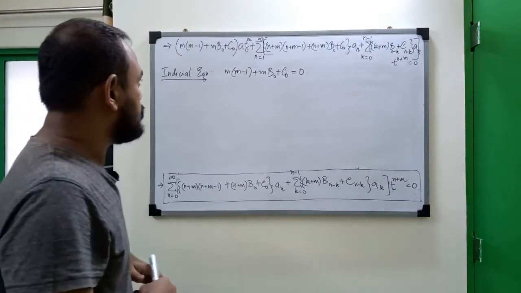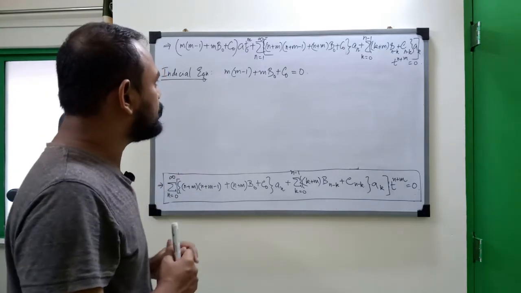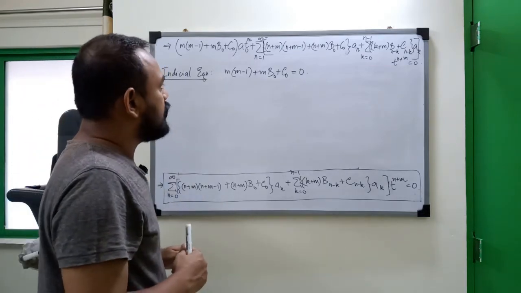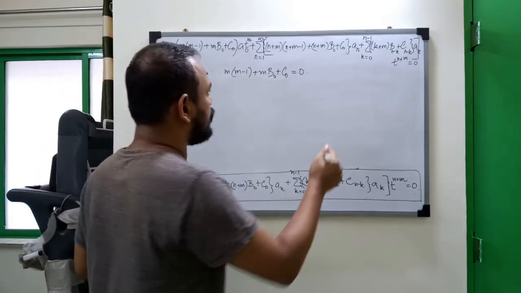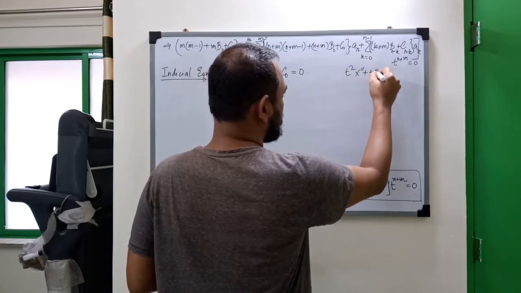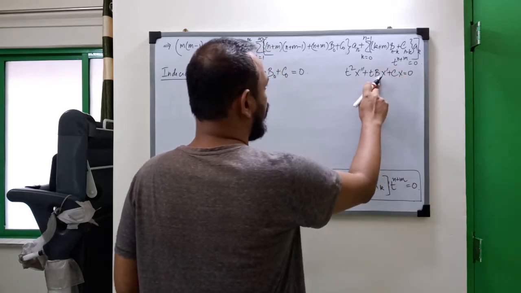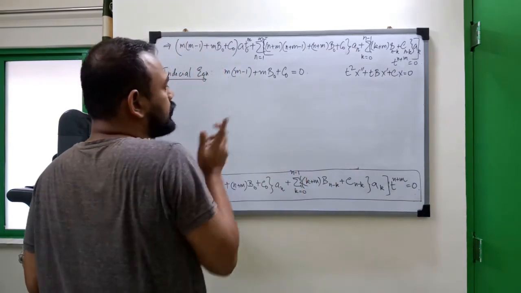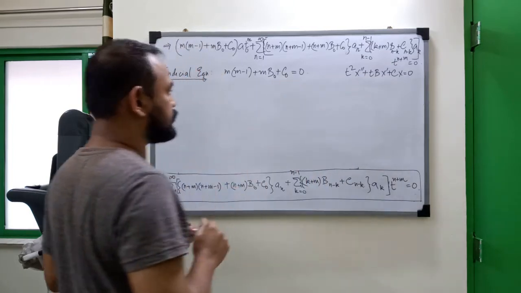In fact, if you stare at this quadratic equation a little harder, you will realize that this is the same quadratic equation we found for the Cauchy-Euler form, where the Cauchy-Euler form was just t squared x double prime plus t b x prime plus c x equals 0. You had b and c as constants; the only difference was that you had the b over here and the c over here instead of the b0 and the c0.